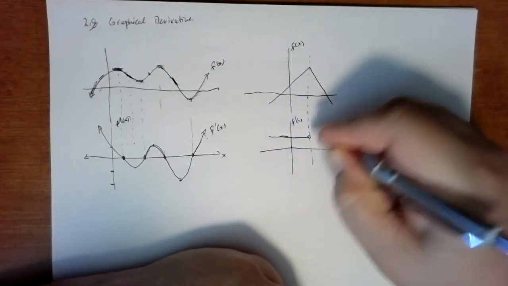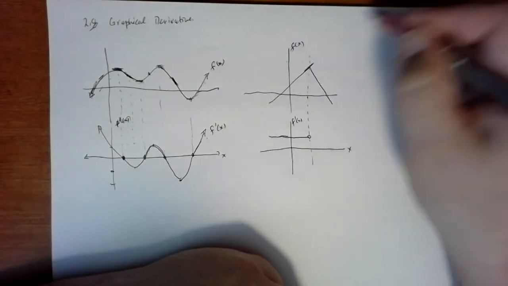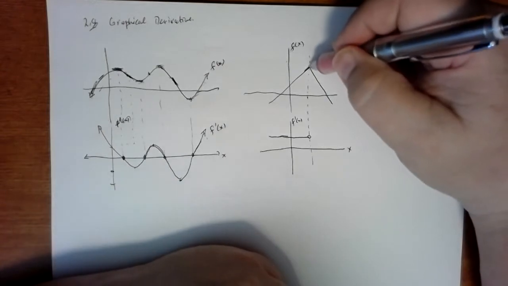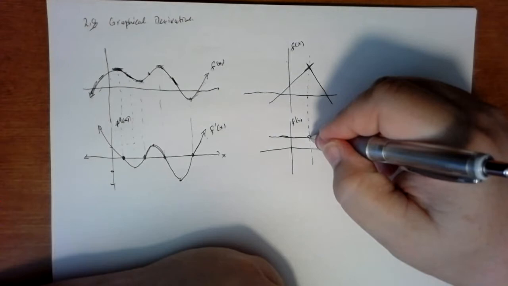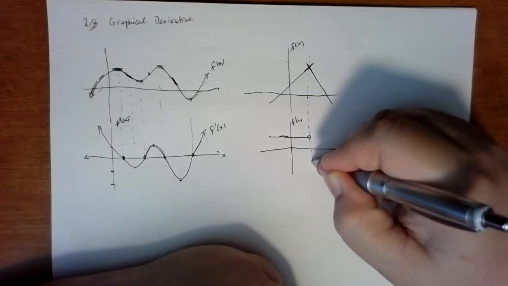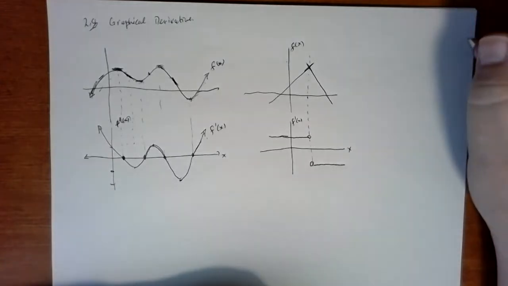And then something happens at this point, because suddenly the slopes change from a +1 slope to about a -1 slope. So we're going to be jumping from a +1 slope down to a -1 slope, like that.